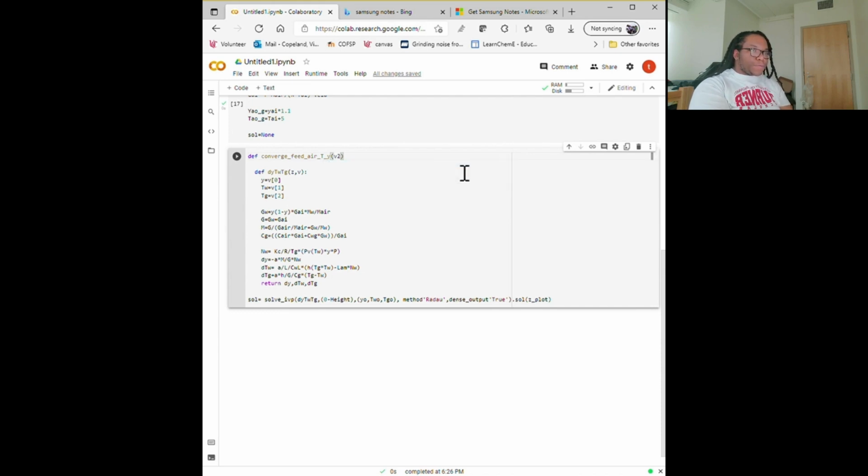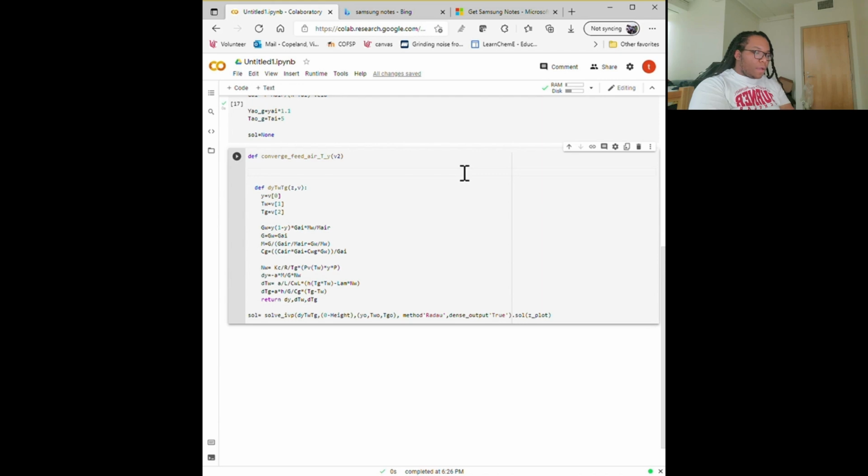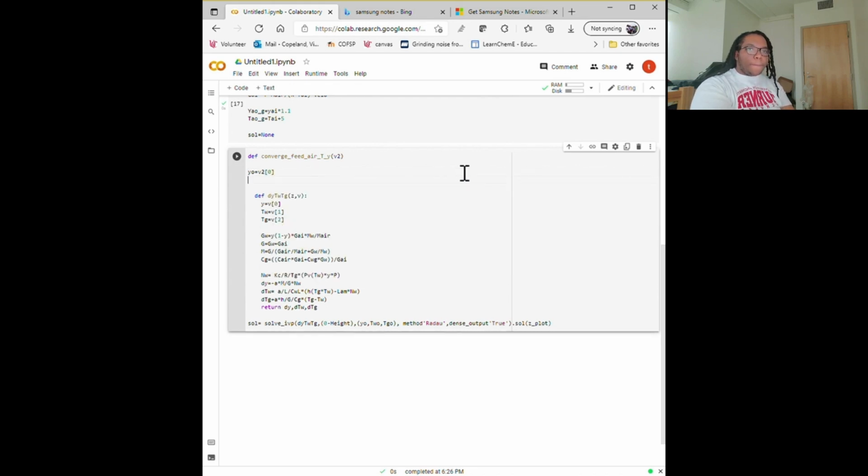Keep it simple. And our y out is just going to be equal to our first variable in this matrix. So it's going to be equal to v2 and then our temperature of our gas out is just going to be equal to the second one.